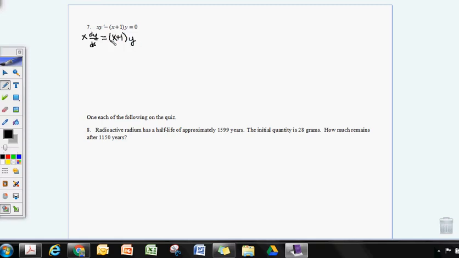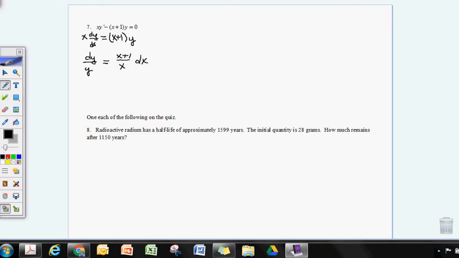That made it pretty easy. I got rid of that minus sign, got my dy dx in there. I can see I'm going to divide by y. I'm going to divide by x, multiply by that, and I end up with dy over y equals x plus 1 over x dx.